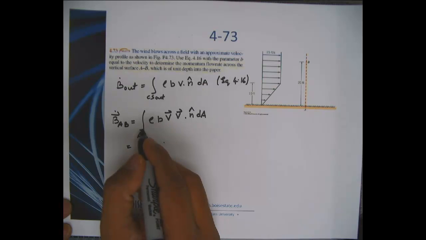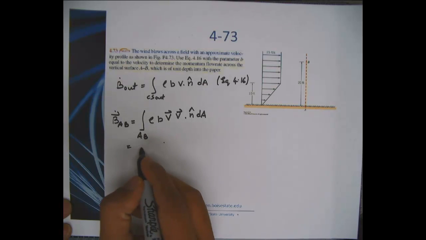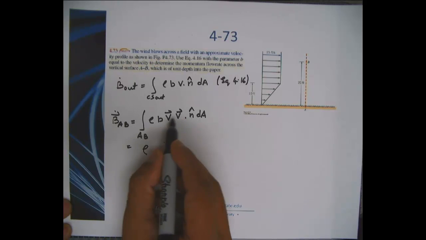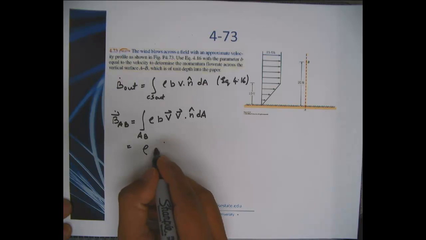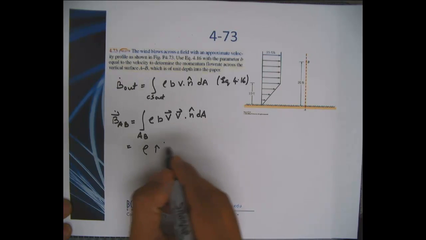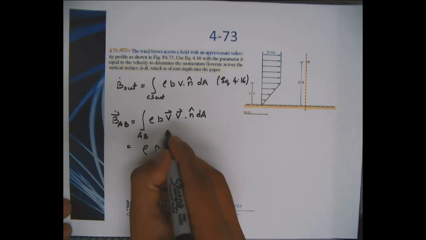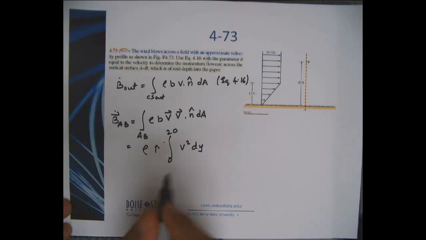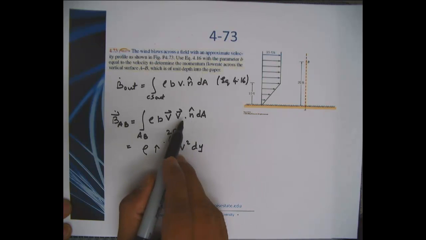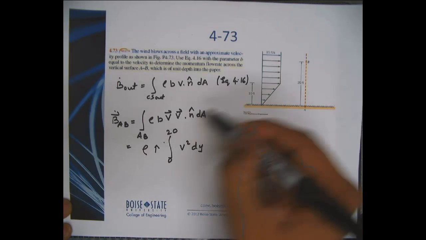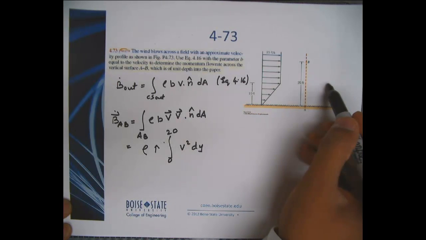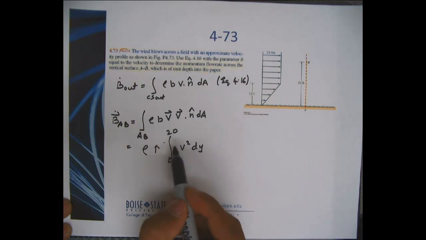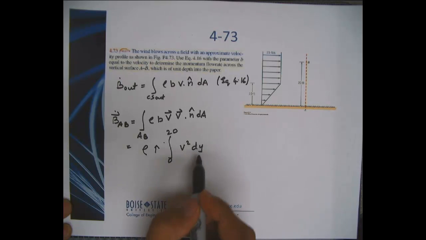We can assume that it is incompressible. It's a safe bet here. So rho, and then if I want to take out the unit vectors, I get i here, and then I get the integral from 0 to 20 of v square dy. And V dot n, the way you determine is n is always a normal vector going out of the surface, and you see that both of them are in the same direction, so this becomes a positive quantity, so v square dy.